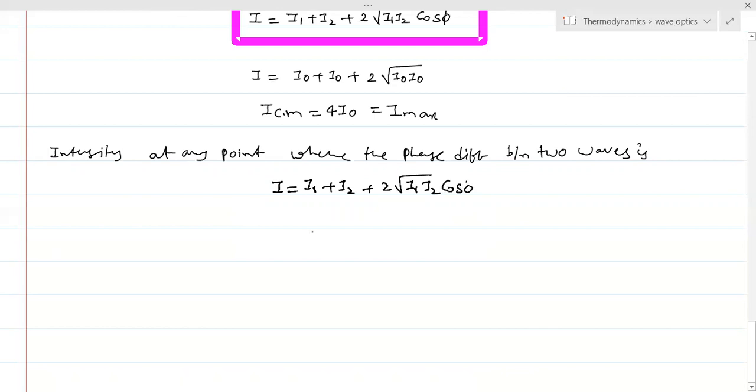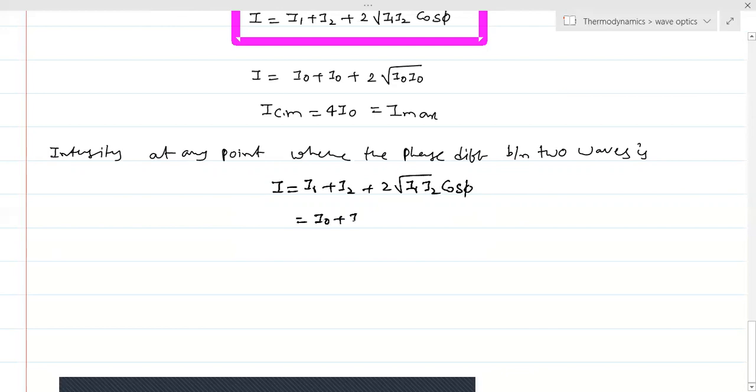From there we write I1 as I0 and I2 as I0.